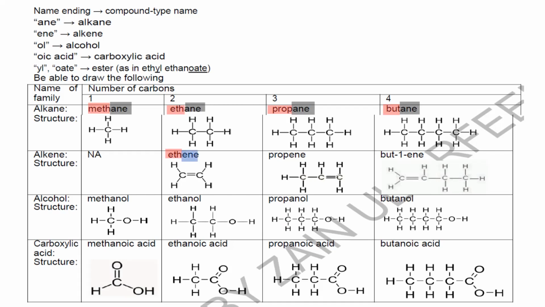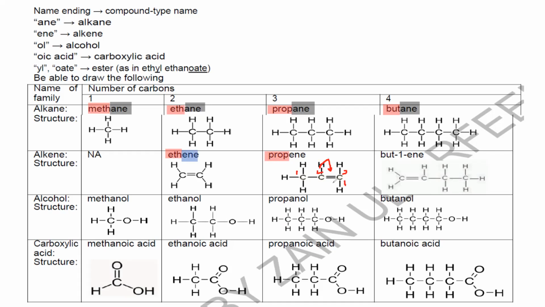3 carbon atoms, 1, 2, 3. So because of the 3, we use the prefix prop. And they have a double bond with the first carbon. Look, where we count, for example, we can count from left, we can count from right. If I count from left 1, 2 and 3, the second one is having a double bond.